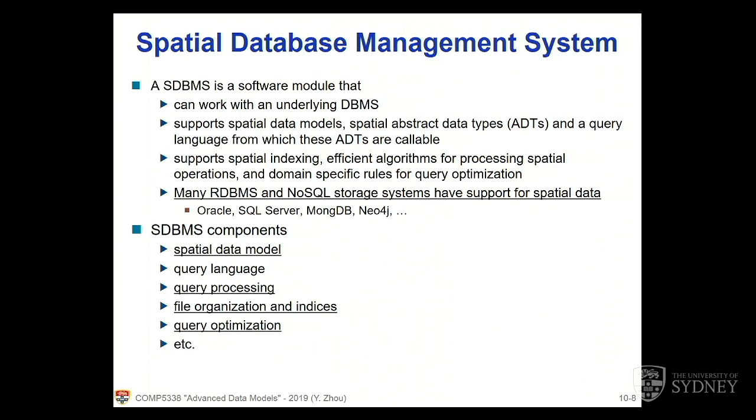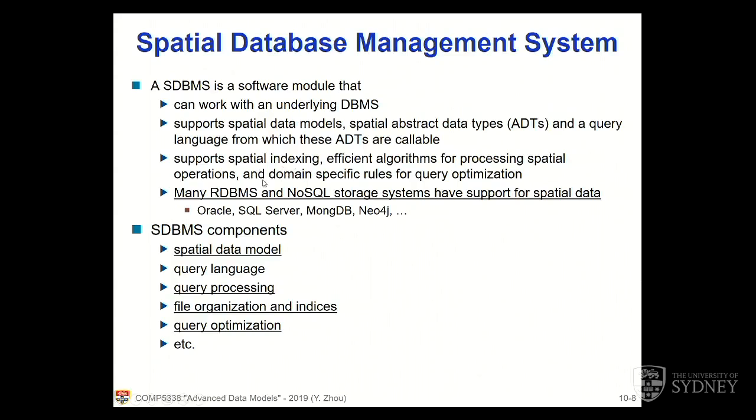So it's basically a software module that usually can work with an underlying DBMS, because most of the time we are dealing with spatial and non-spatial data. So we don't design a system just for spatial data. It's more like a sub-module belonging to a regular storage system. And basically it supports spatial data types, like abstract data types, and common types of queries.